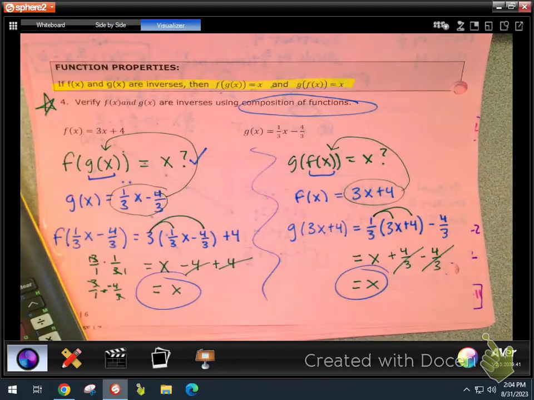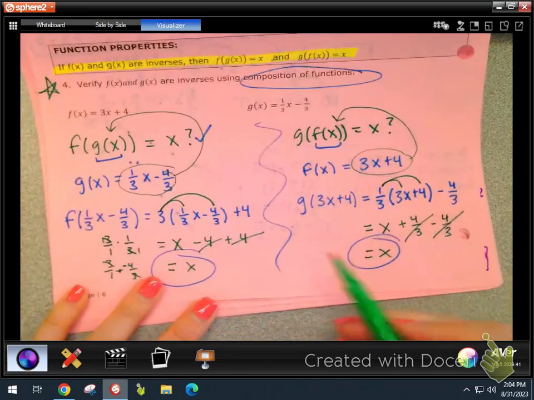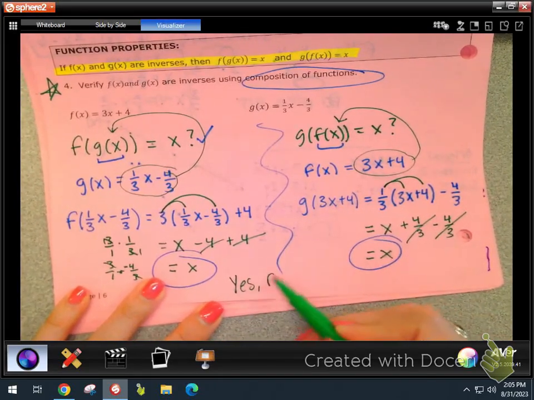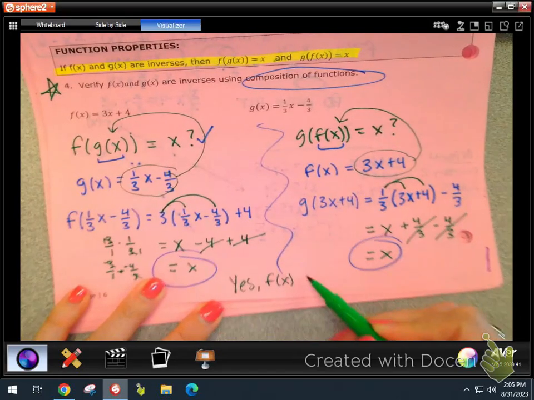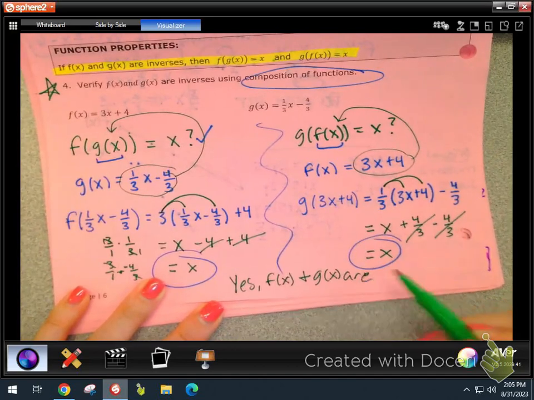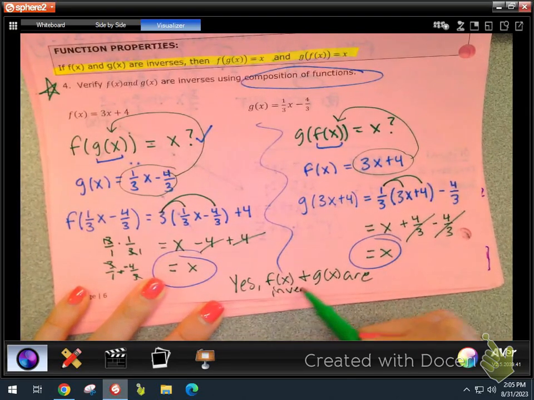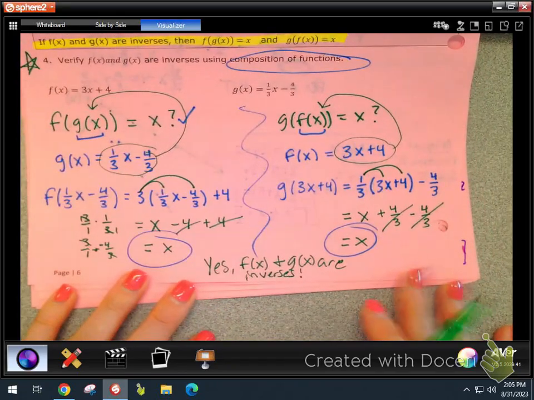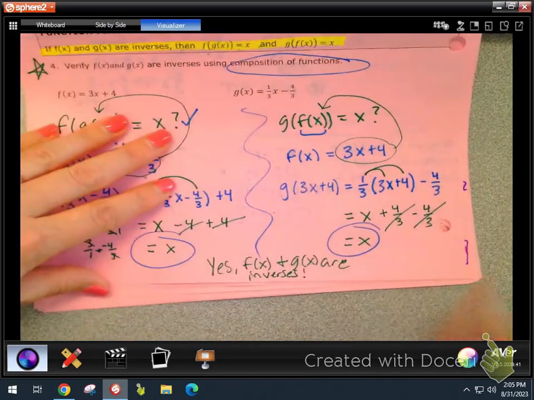So what do we know? They are inverses. Here's what I want to see on your paper when you see a question like this. Yes, f of x and g of x are inverses! Exclamation point, because we're excited. Why are they inverses?